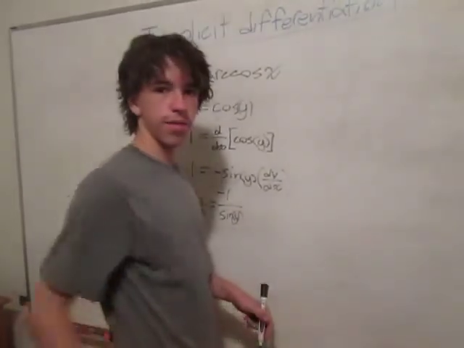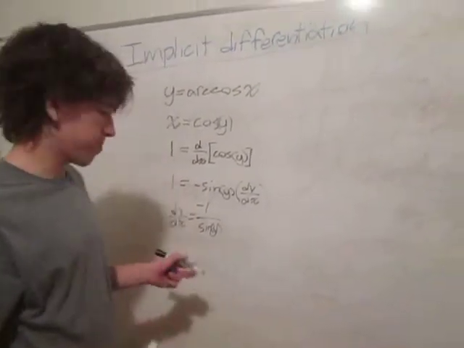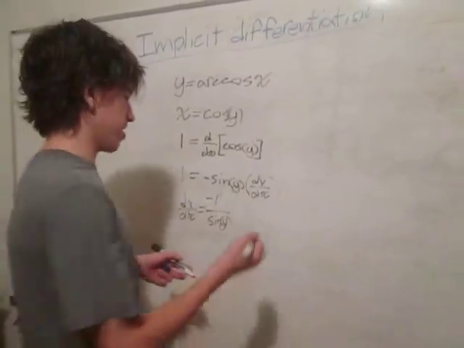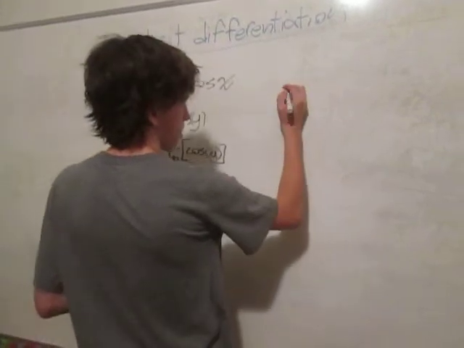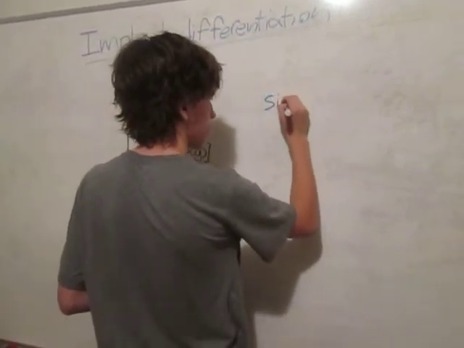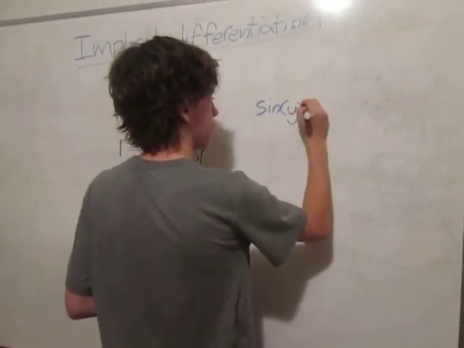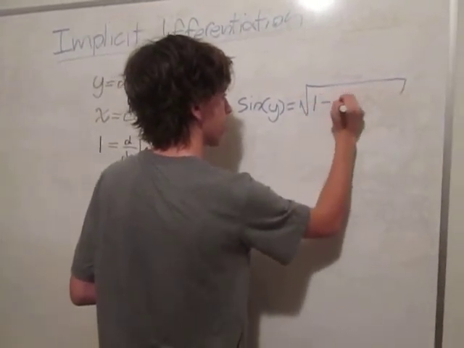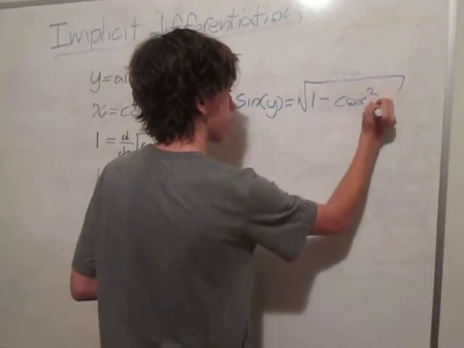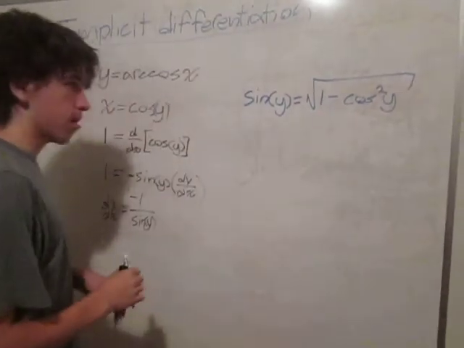Just using the Pythagorean theorem basically, and our trigonometric identities, the sine of y is equal to the square root of 1 minus the cosine squared of y, right?